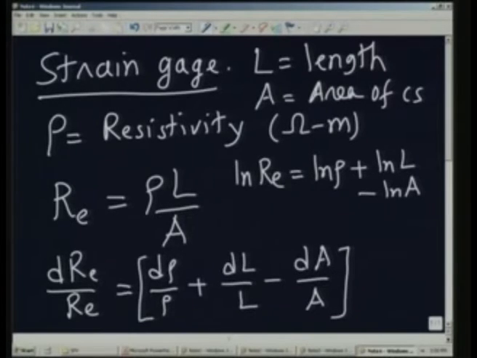The left hand side is a change in the resistance with respect to original resistance, equal to change in the resistivity, which may be due to either pressure or temperature, because pressure and temperature also have an effect on the resistivity of the material, and we will come to that in a few minutes, plus the change in the length with respect to its own length, dL by L, minus the change in the area divided by the original area. So, we have 3 terms contributing to the change in the resistance.